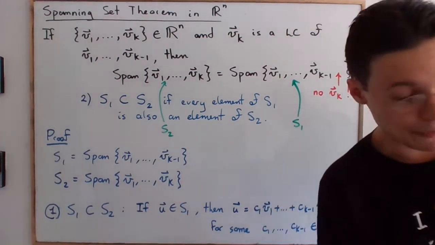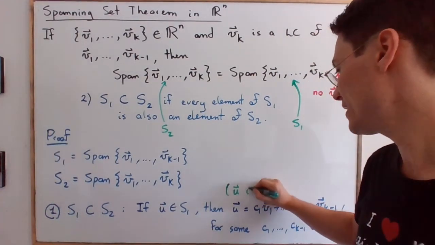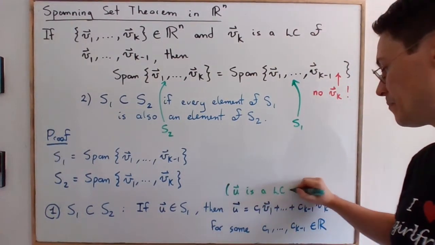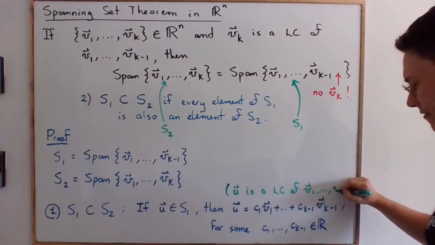Now remember what it means. It means u is a linear combination of the vectors from v1 to vk minus 1.